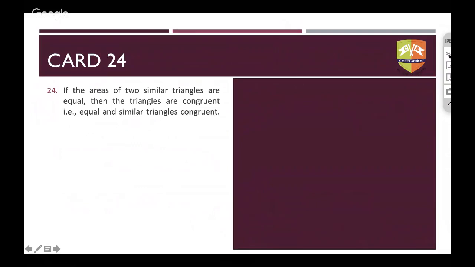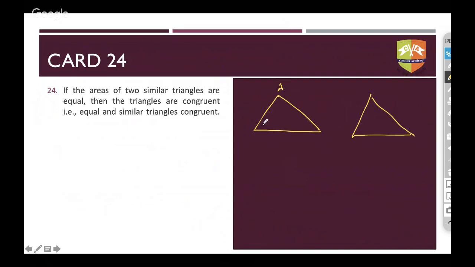Okay, so this also follows from the earlier result. They are saying if the areas of two similar triangles, ABC and PQR, are the same, that means area of triangle ABC is equal to area of triangle PQR.